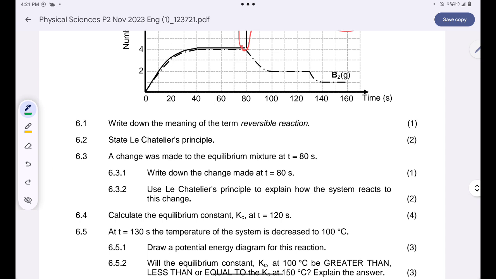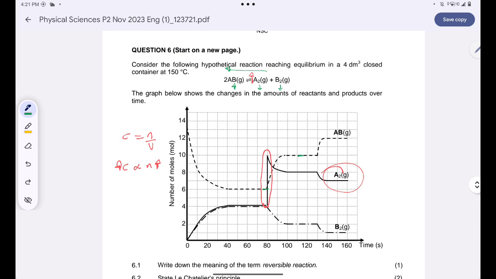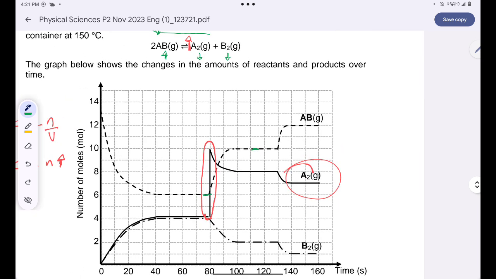Okay, 6.4, they want us to calculate the equilibrium constant at 120 degrees. Remember that our Kc value is equal to the concentration of products over the concentration of reactants.